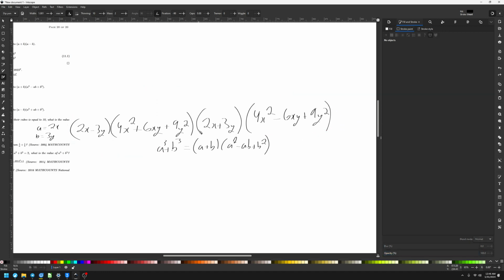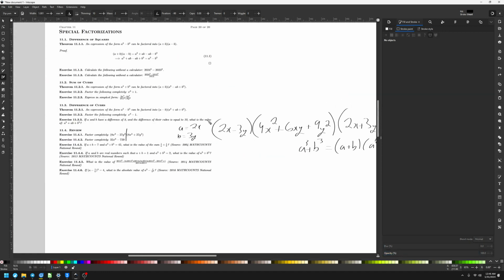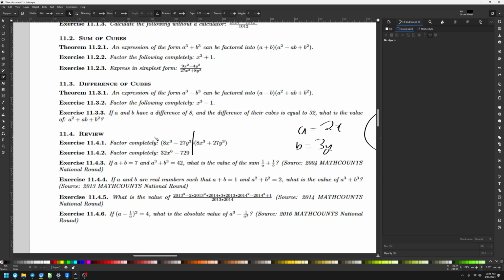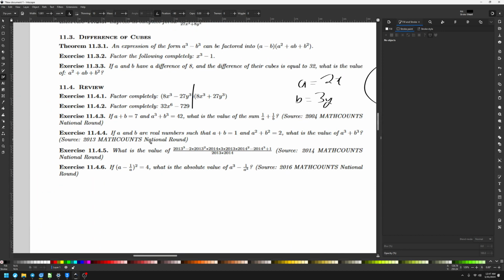Let's try a 4-term thing. Okay, time for the next one. Factor completely 32x to the 6th minus 729. So 32, you can write that as 2 to the 6th times x to the 6th.